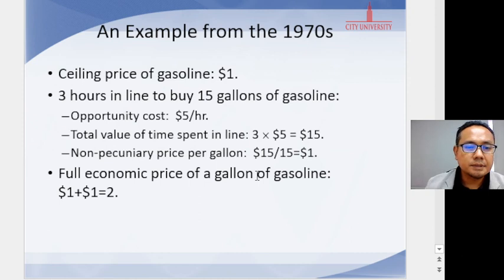So this is an example from the 1970s. The ceiling price of gasoline, let's say $1. Three hours in line to buy 15 gallons of gasoline.